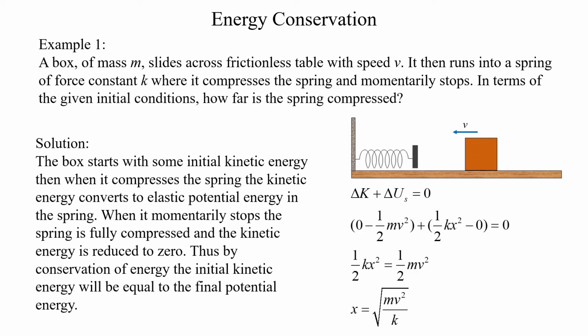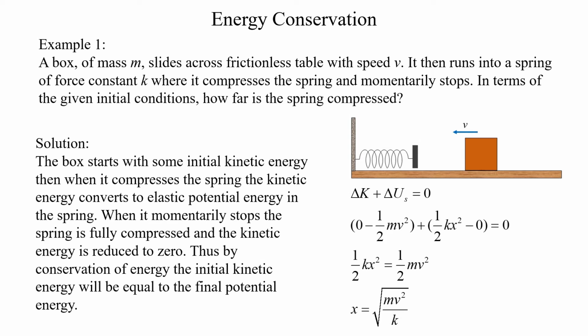So the spring potential energy increases by 1/2 kx squared. So we have 1/2 kx squared equals 1/2 mv squared. Final spring potential energy equals initial block kinetic energy. And then we can solve for x. So the halves divide out, and solving for x, we get the square root of mv squared over k.